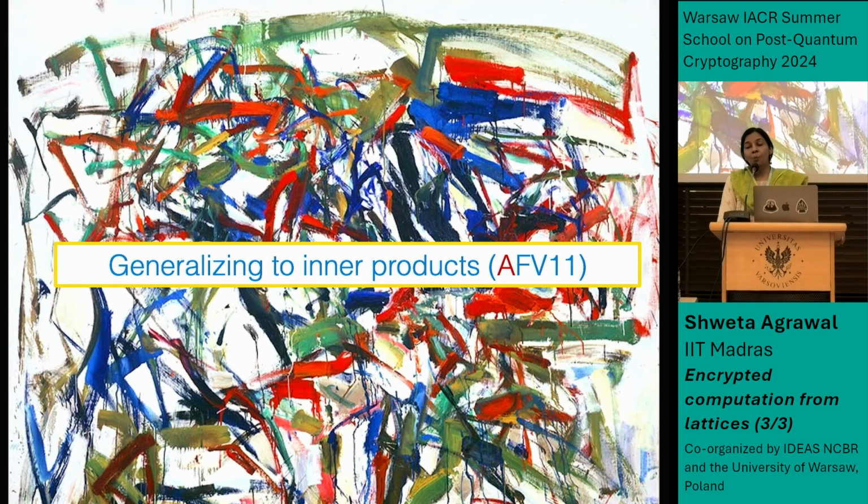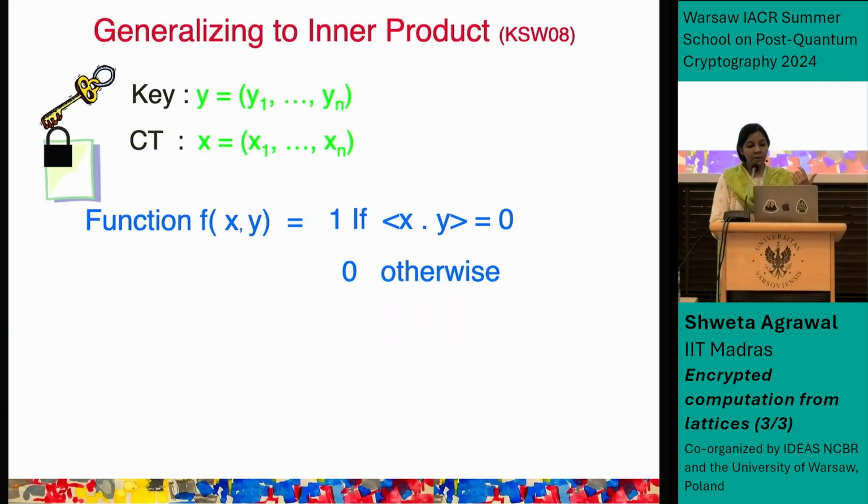We know how to make this work when the ciphertext has an ID and the keygen also has an ID and the two match, then decryption works. Now we would like to generalize this functionality. We would like to embed a vector y in the key and a vector x in the ciphertext, and we would like decryption to work if x inner product y is 0 and not otherwise.